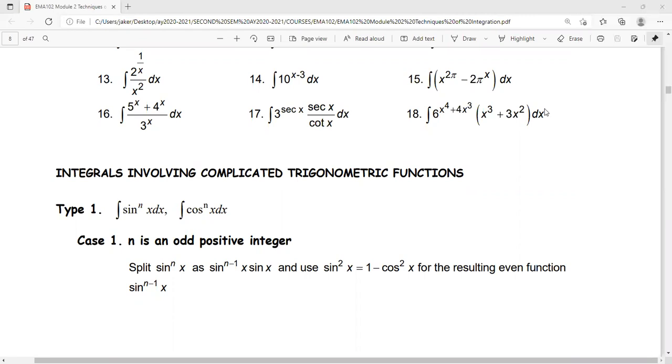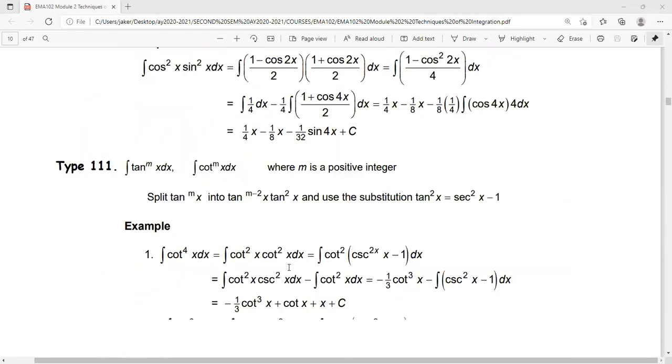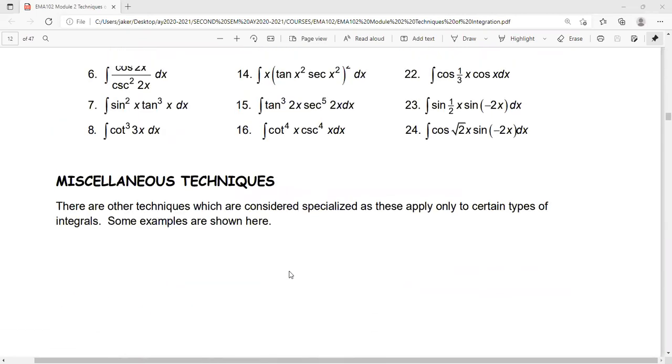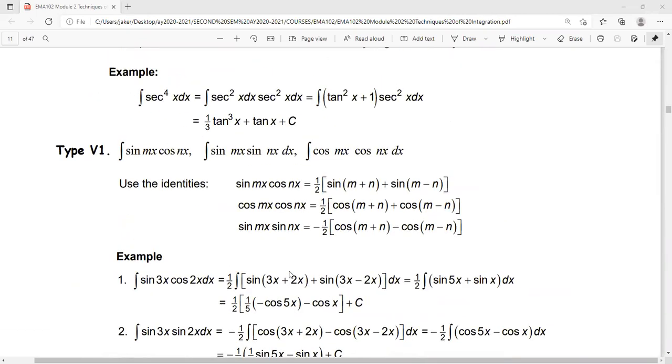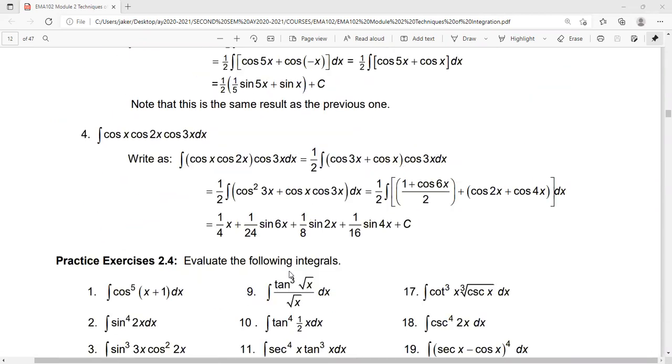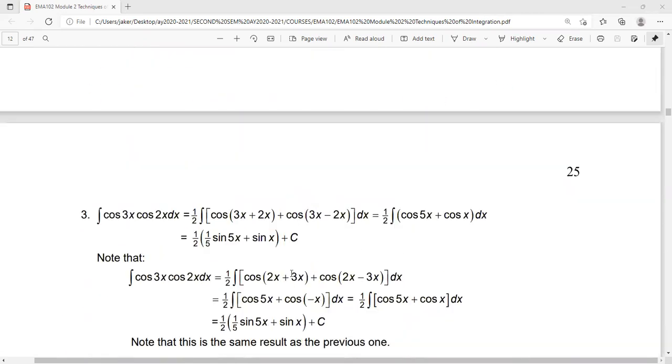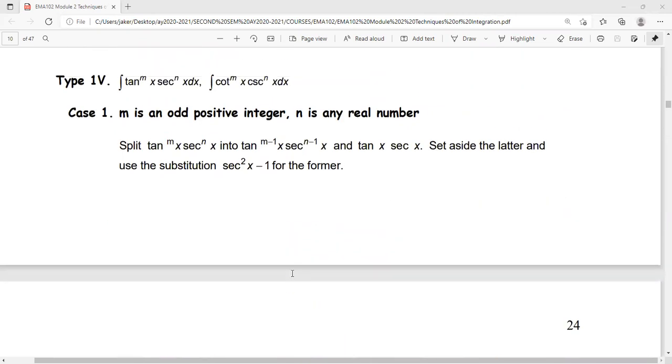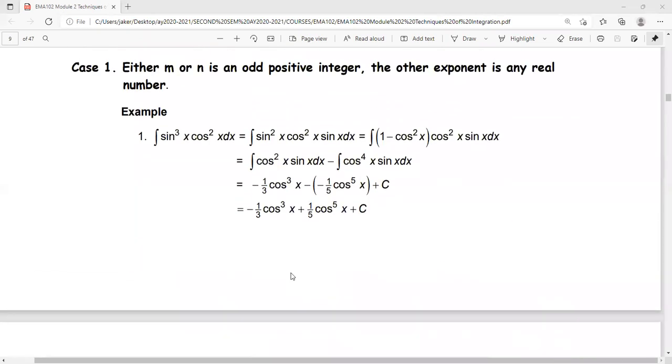For this afternoon, there are 6 types of integrals having complicated trigonometric functions, which require that you do transformation before you apply the appropriate formula for integration.